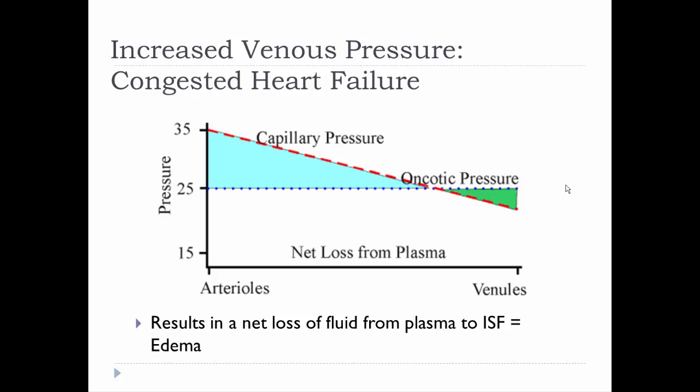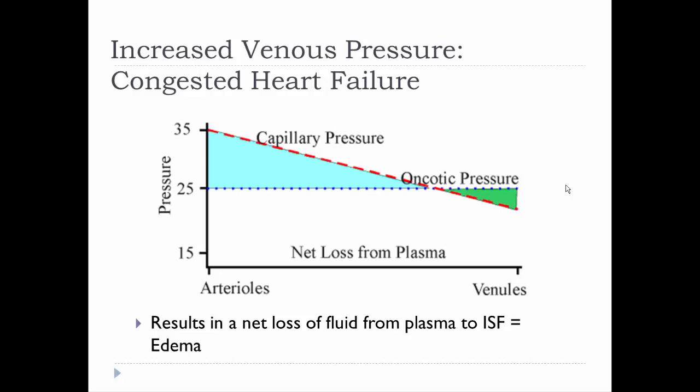Maybe it can only pump out 40 mils. That means of the 70 mils that wants to come back, it only pumps out 40, which means I've got 30 left. And then in the next beat, I still want to bring 70 back to the heart, but the left side can only pump out 40 more. So you can see, you kind of get a backlog of blood in the lungs.